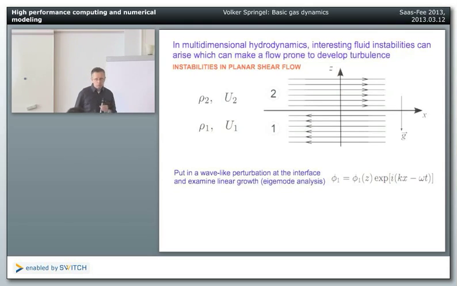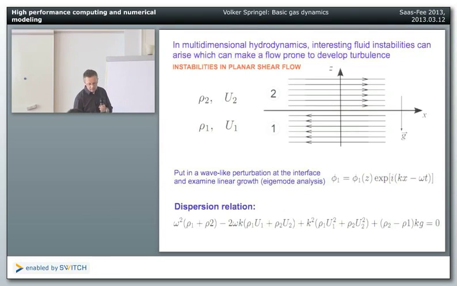You put in a little perturbation, typically a wave-like perturbation, and basically do an eigenmode analysis and want to see what happens if I make this ansatz of a small exponential perturbation. What happens to it? Will it just oscillate? Or will it maybe grow? And I see whether it's oscillating or growing by plugging this small perturbation into the Euler equations.